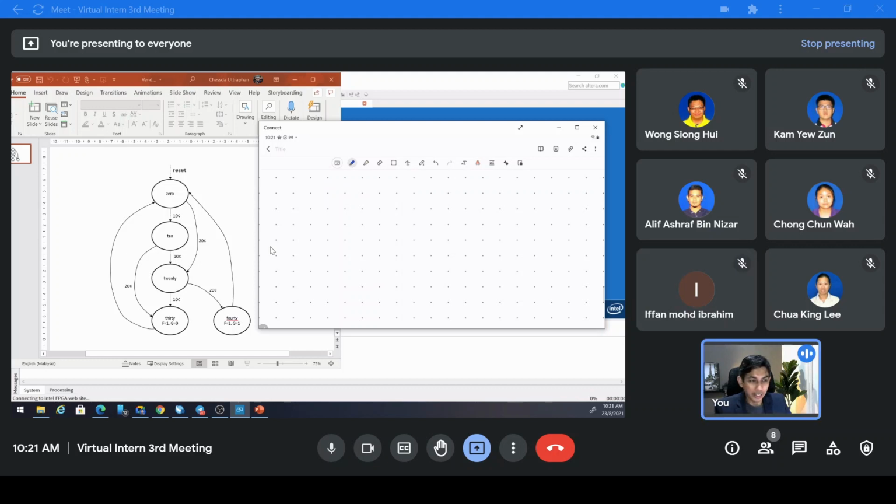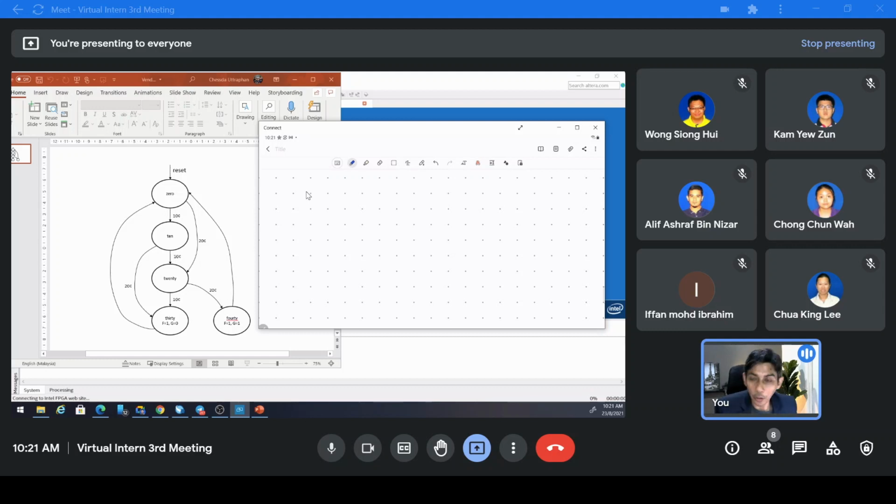All right, so this is a Moore type machine, Moore finite state machine, because the output is in the state. If the output is at the transition, for example, the output is here, or here, or here, that is a Mealy state machine. So that is the difference between the two. So this is Moore.